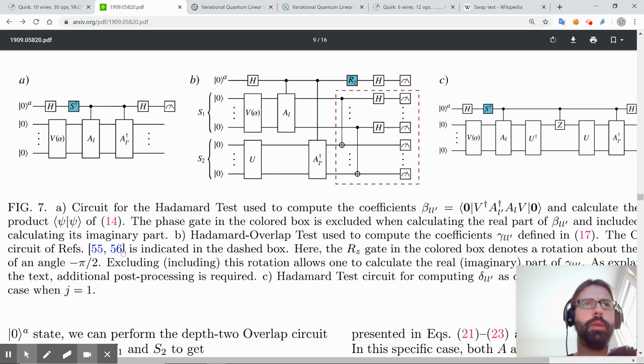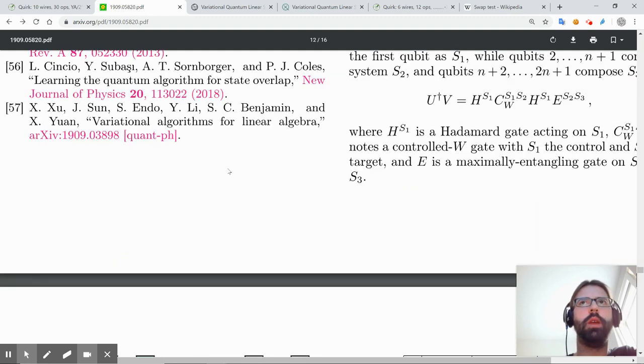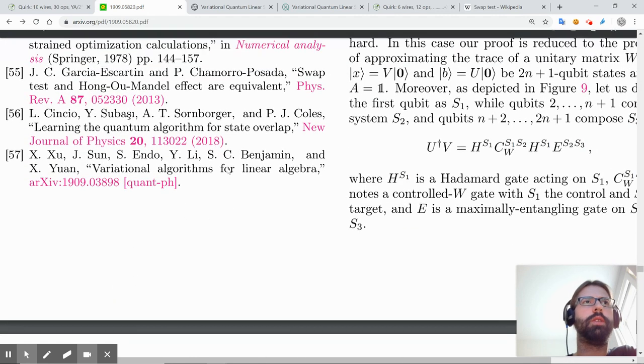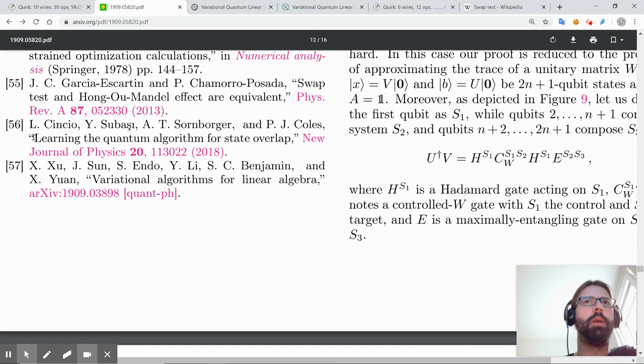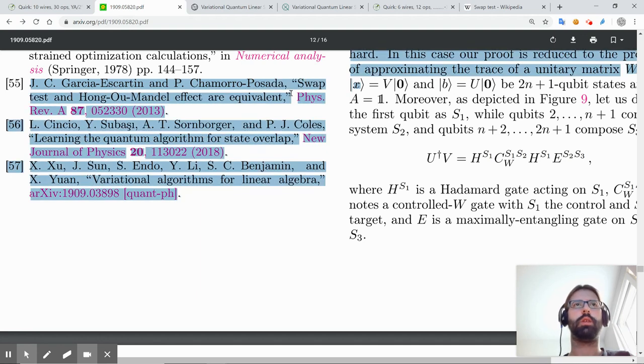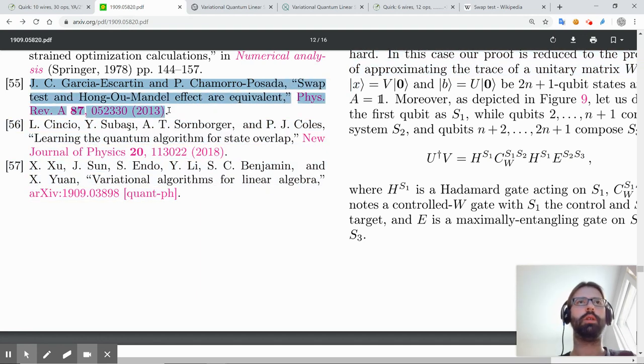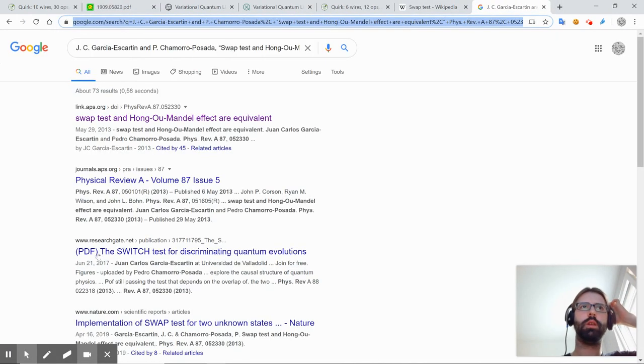Okay, but those are the references really, and I think that takes you there. 56: Learning the quantum algorithm for state overlap. Swap test and Hong-Ou-Mandel effect are equivalent. Swap test. Can I just find this somewhere for free?